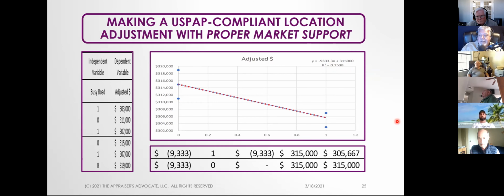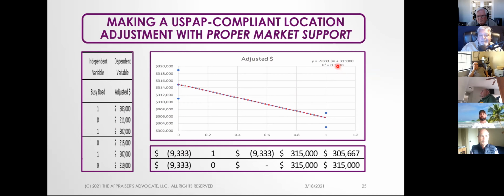Then Jen said, if your R squared is low, does that mean the busy road is not impacting the sales price? It could. It could also mean that there is so much other data still left in here that you can't isolate the busy road. That's one of the joys of statistics; sometimes it's difficult to tell what it tells us. Given the fact that this is 75%, chances are that, yep, the $9,300 is due to the busy road.